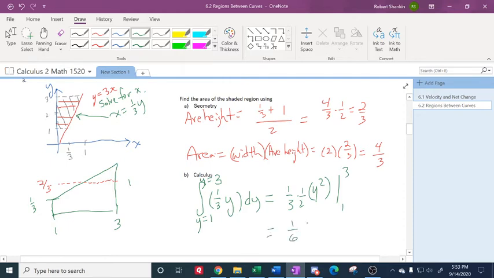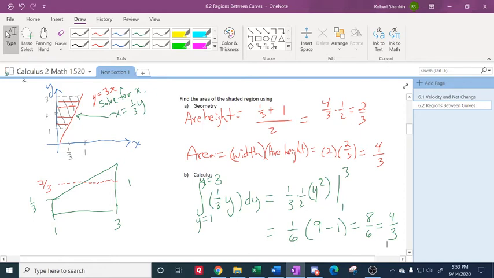I get 1/6. When I put this in, I get 9 minus 1. I'm going to get 8/6, which is 4/3. Exactly the same answer that I got before.